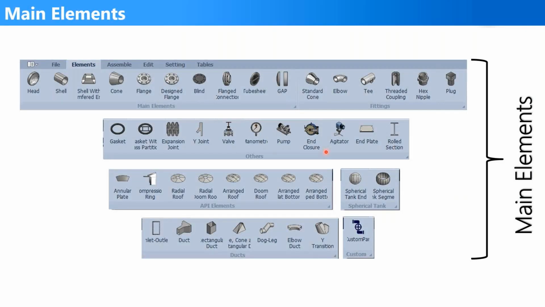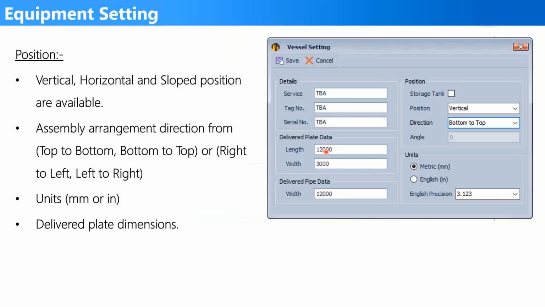Ahmed, can you go back to the previous slide? Again, please. Yes, we have a query regarding the delivered plate data. So here we understand that you can give only one particular dimension of delivered plate.